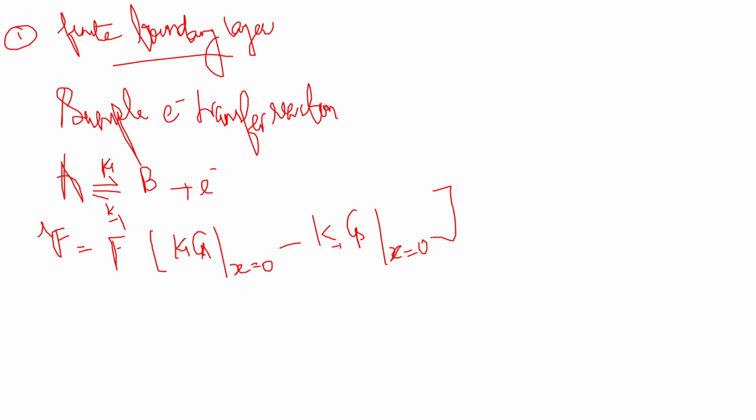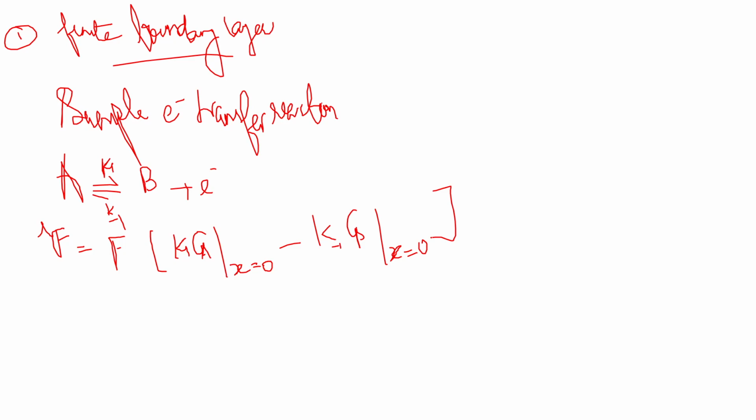We know the reaction happens at the electrode surface. Now that's not the case. The concentration keeps changing, and we cannot say that at the surface the concentration is CA bulk or CB bulk. Instead, that value is CA at x equal to 0 or CB at x equal to 0. That's why we mention it specifically.